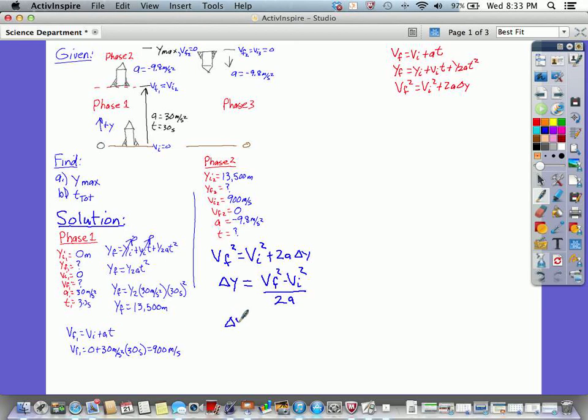And if we plug into that delta y, V final is 0 minus V initial, which was 900 meters per second squared, all divided by 2 times a, minus 9.8 meters per second squared.